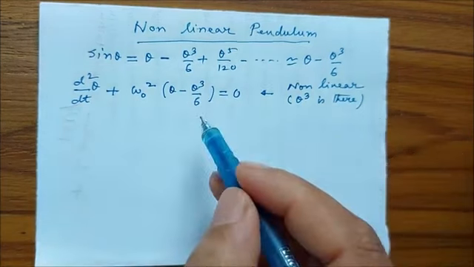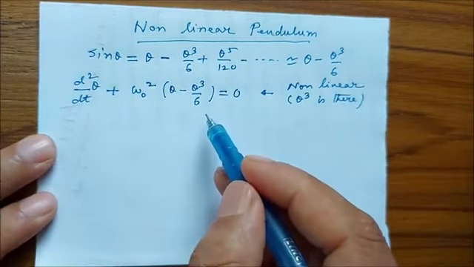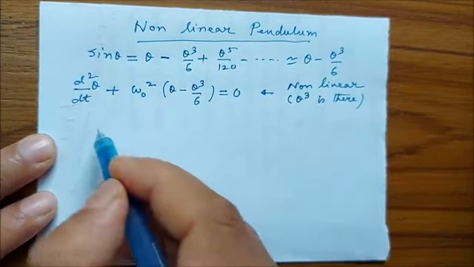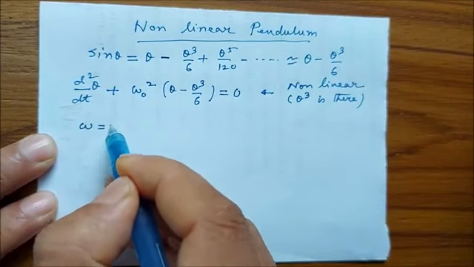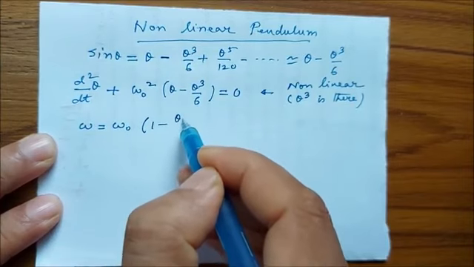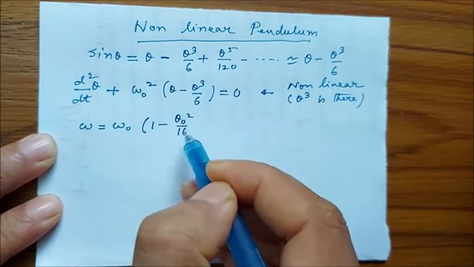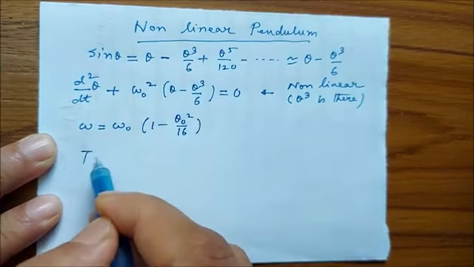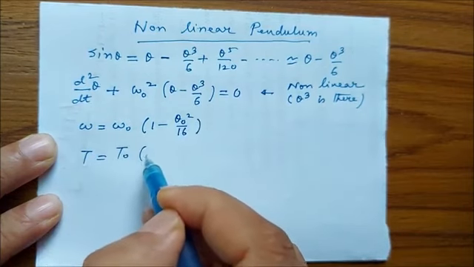We can solve this equation. The solution is a complicated one, and it can be shown that the frequency is given by this, and the time period is given by this.